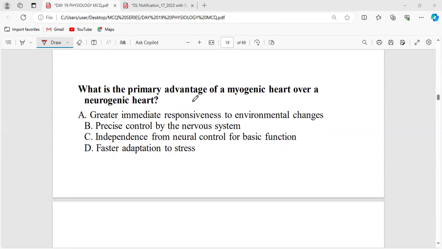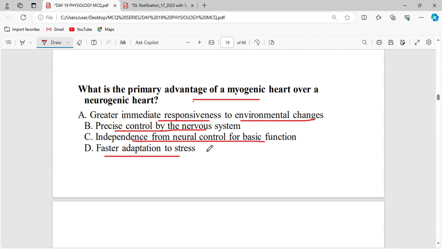Now, what is the primary advantage of the myogenic heart over a neurogenic heart? Greater immediate responsiveness to environmental changes, precise control by the nervous system, independence from neural control for basic function, faster adaptation to stress.